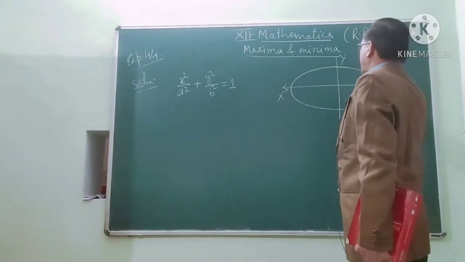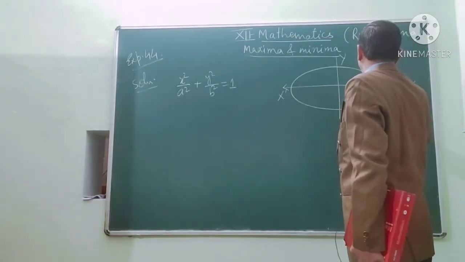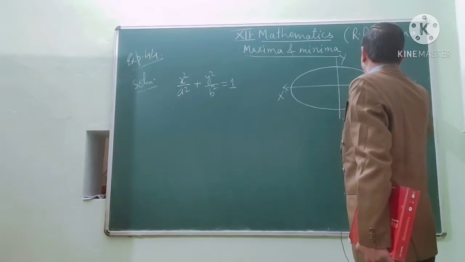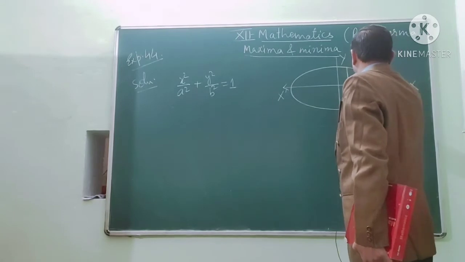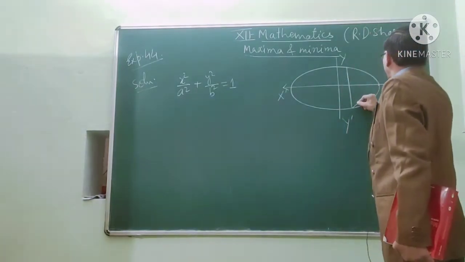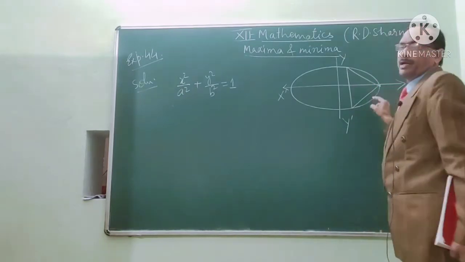It is the major axis, and its length is 2a. So the isosceles triangle is inscribed in the ellipse with one vertex common with the vertex of the ellipse.